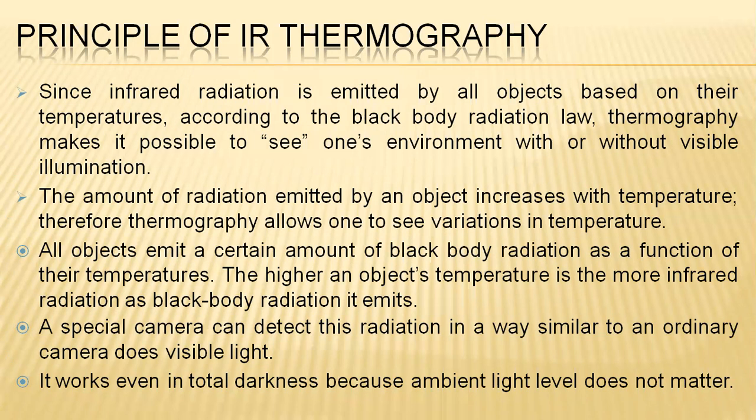Nominally, almost all objects emit a certain amount of black body radiation which is a function of their particular temperatures, and as their resistance increases, they will hold a particular range of temperature much more heavily than another object.